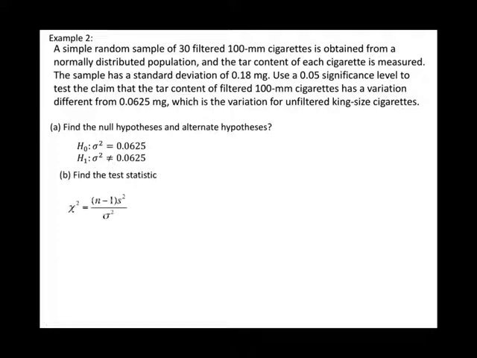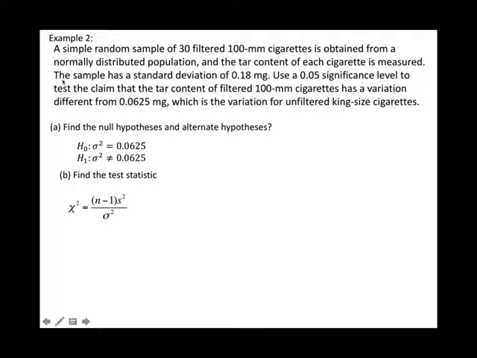Okay, find the test statistic. Okay, n will be your sample size. What is n equal to? Simple random sample of 30, right? So n is equal to 30. And then what is the s here?